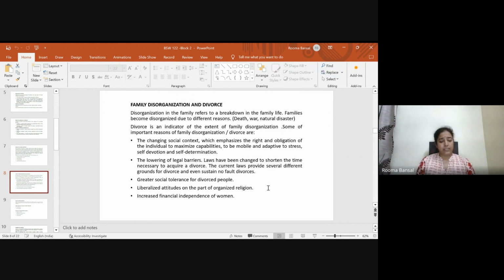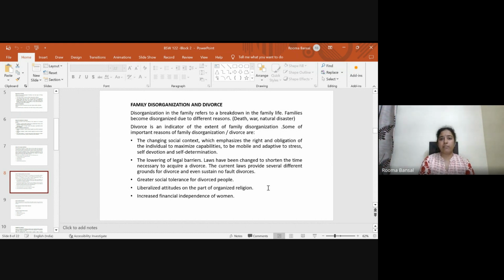Here it is their mindset, it is their own choice that they are not ready to stay with each other, and without fighting they are getting divorced. So here law is providing several different grounds. Compatibility is also a ground. In our previous era, a few years back, compatibility was not the issue of divorce. The reason of divorce used to be cruelty, domestic violence.